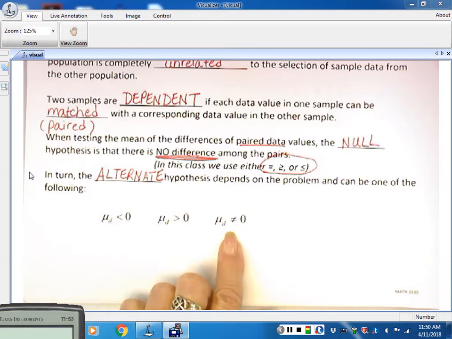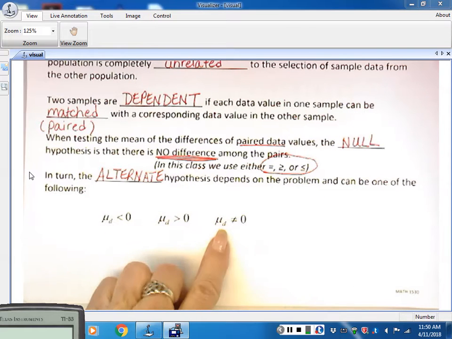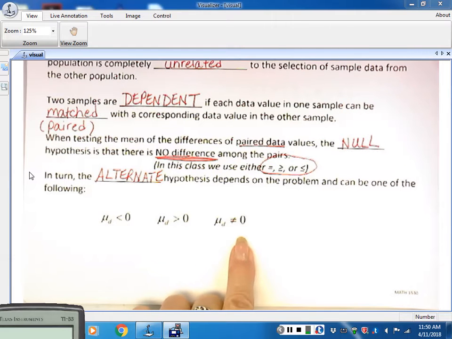This is actually the direct opposite of what the null says when there's no difference. The mean of the differences not being equal to 0 says, yes, there is a difference in the 2 means. I don't know which one's more and which one's less, but I know there's a difference. They're not the same. Okay?